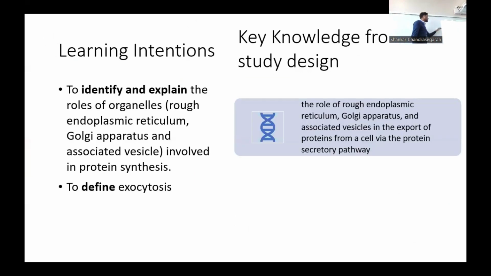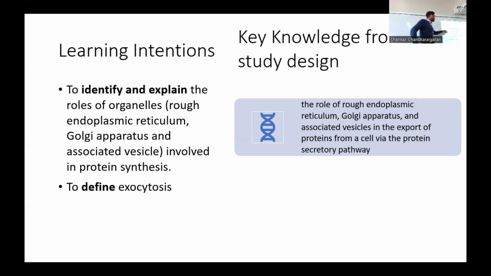So you're going to identify and explain the roles of organelles in creating a functional protein, and also be able to define what exocytosis means. Okay, so remember the organelles that I keep showing you guys with the model of a cell. Each one of those organelles plays a role in the maintenance of a cell.